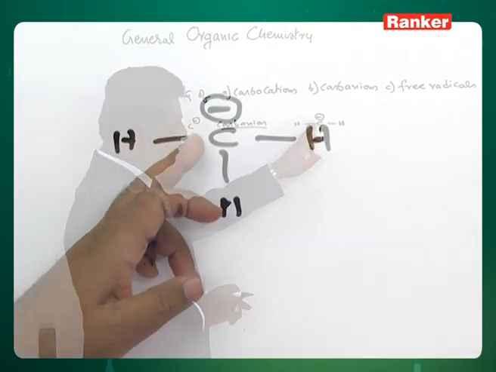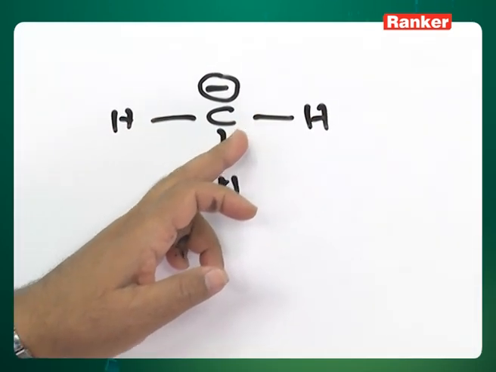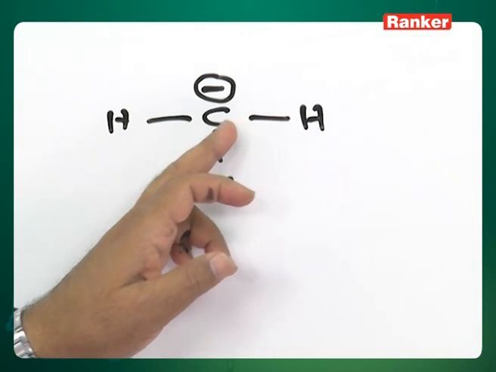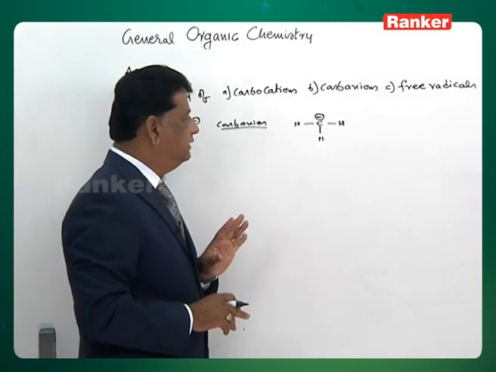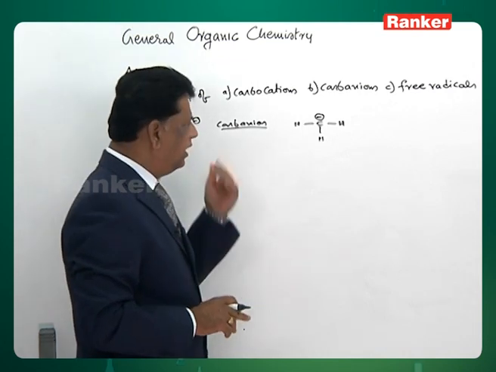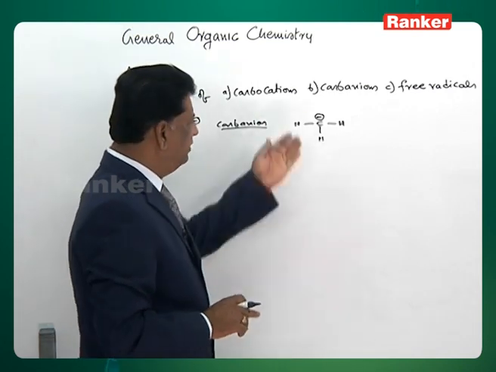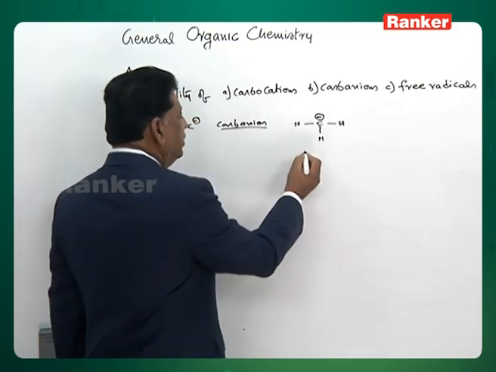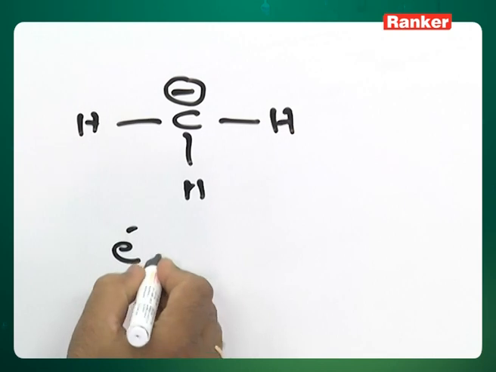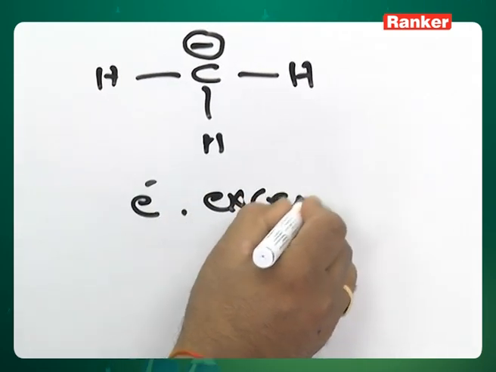But say 1 electron, 1 electron, 1 electron from the bonds, 1 electron of the carbon, and these 2, that is 5 electrons in the valency. That means 1 electron excess, or the negative charge. Evidently it is showing that it has an electron excess system. So therefore it is considered an electron excess system.